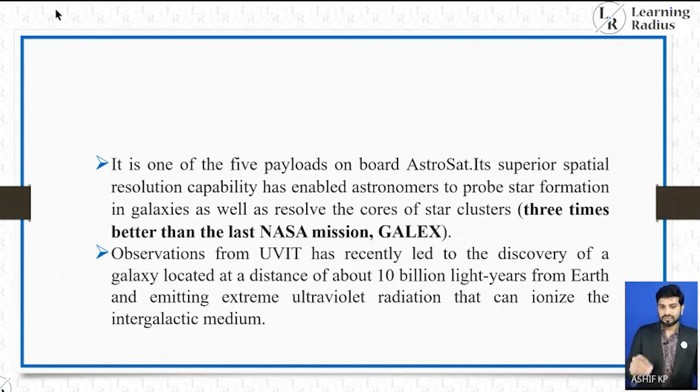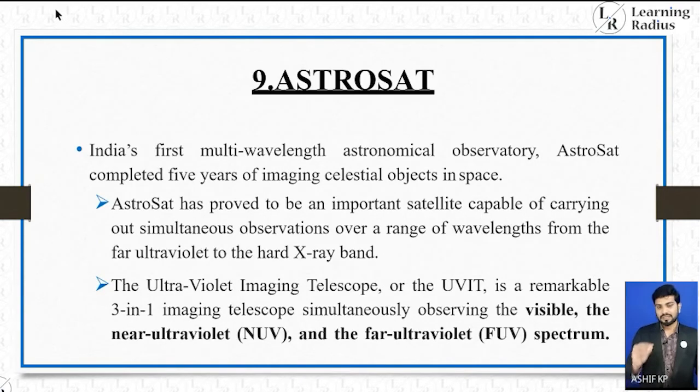So here, it is one of the 5 payloads on board Astrosat. Its superior spatial resolution capability has enabled astronomers to probe star formation in galaxies as well as resolve the core of star clusters 3 times better than the last NASA mission GALEX. So the NASA mission GALEX is very important.